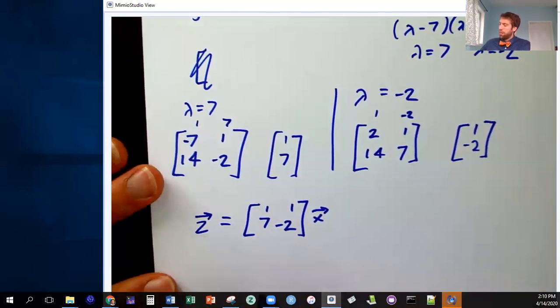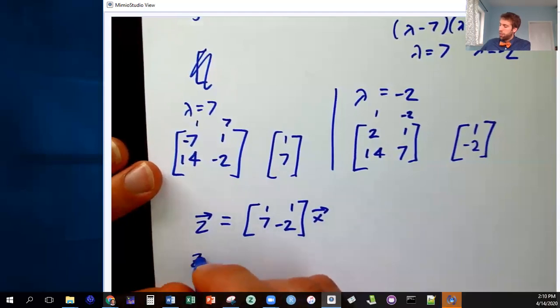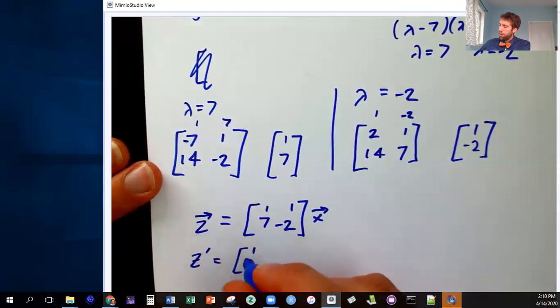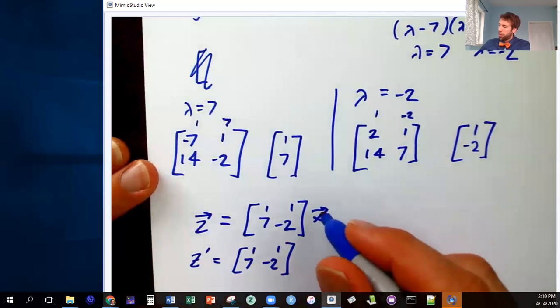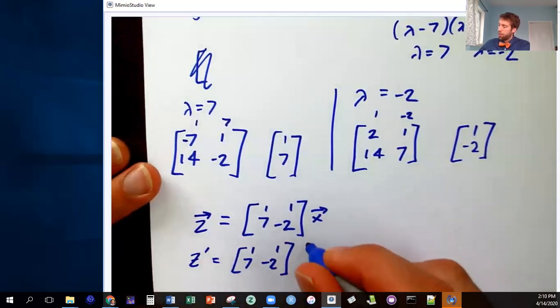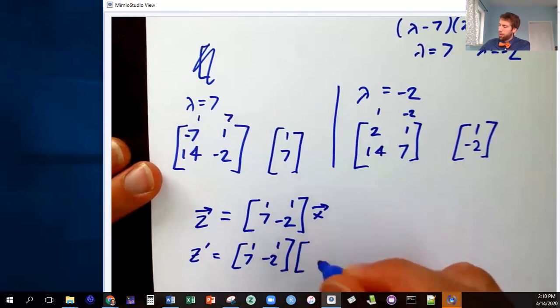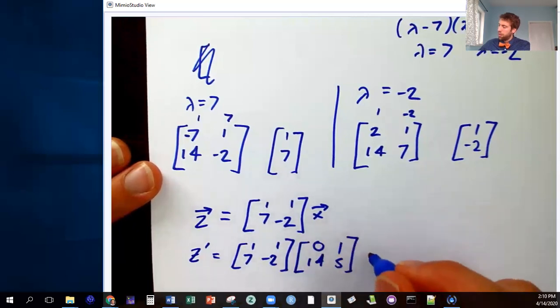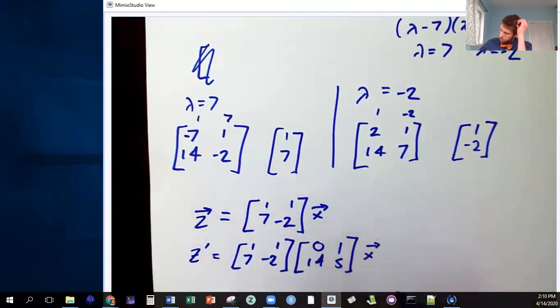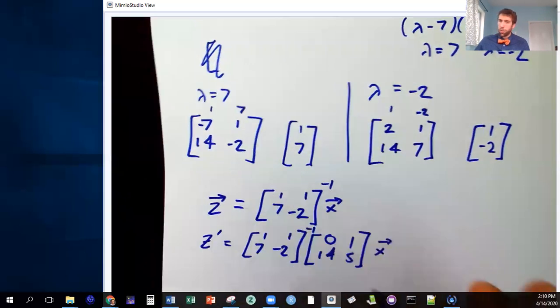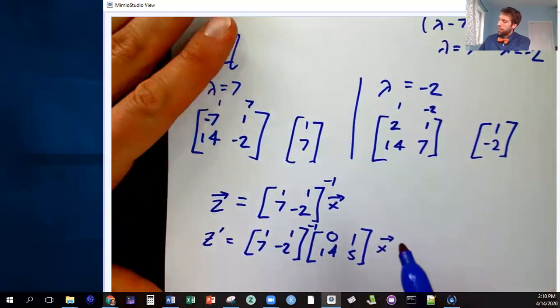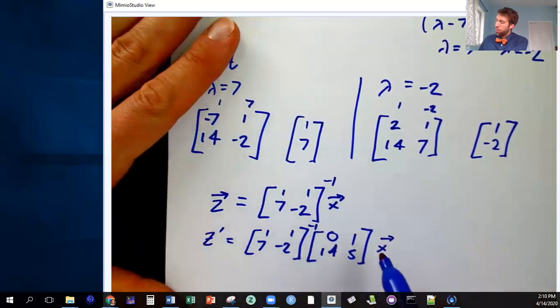And x prime is A times x, so instead of x prime I'll put A times x, 0, 1, 14, 5, x. Oh, I should have done z as the inverse, it'll make more sense that way. So I can move that over and substitute x to be T z.